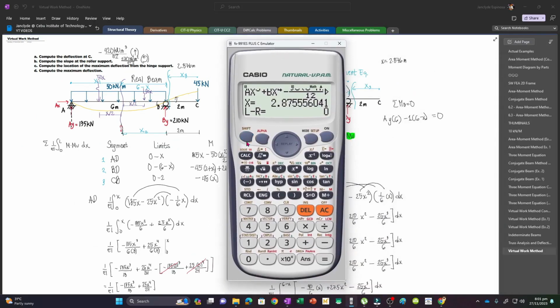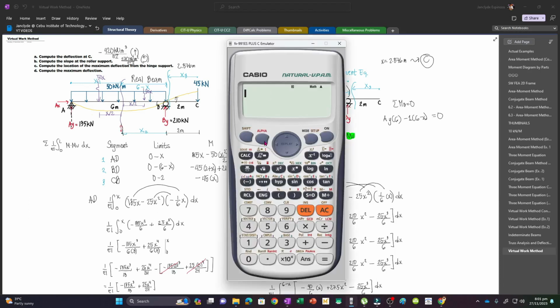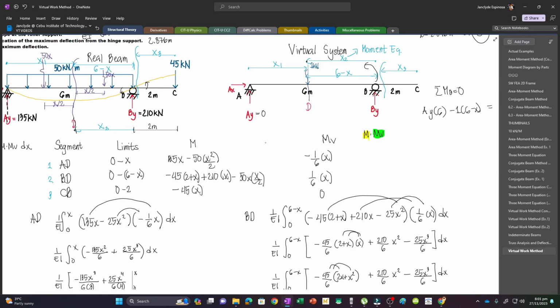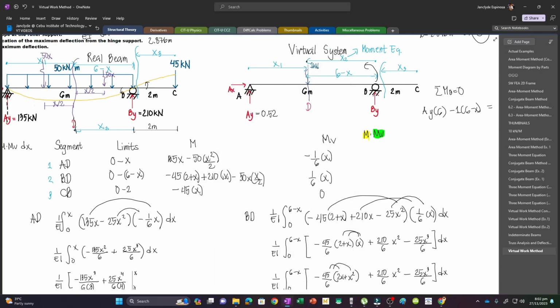Now, I'll just store this in C. So AY times 6 minus 1 times (6 minus x), with x stored in C, set to 0. And so, that will be this value. I'll just write the decimal, 0.52. However, I will store this in D, so that what I use later is the exact value.